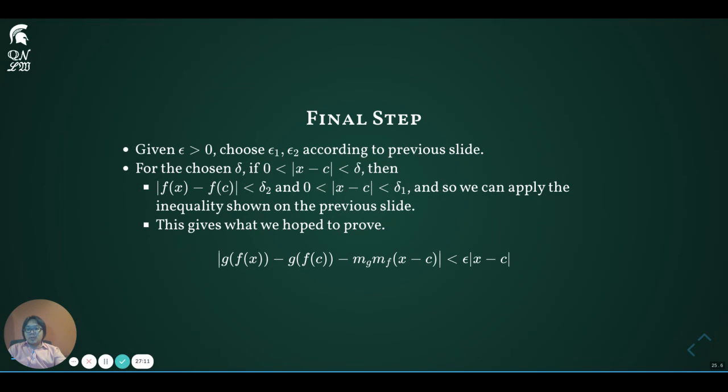So with this δ, which we modified based on the deltas returned to us by f and g using their differentiability, we can guarantee that if |x − c| is between 0 and δ, then the difference between g∘f and its linear approximation with slope mg times mf is small. And this shows that the chain rule holds.